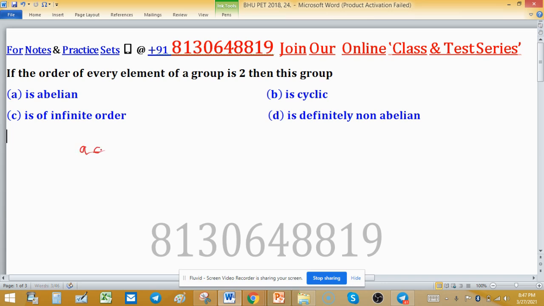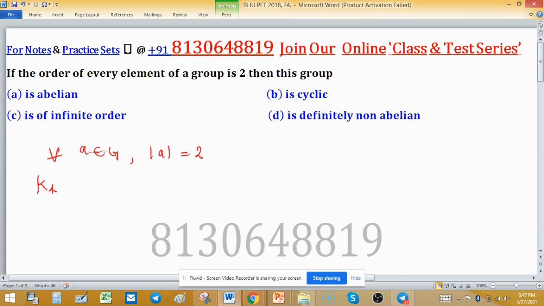Suppose a is from this group G, then the order of a is 2. This is true for all a. Whenever a question is MCQ, counterexamples are very helpful to discard options. So take the well-known example, the Klein 4-group.